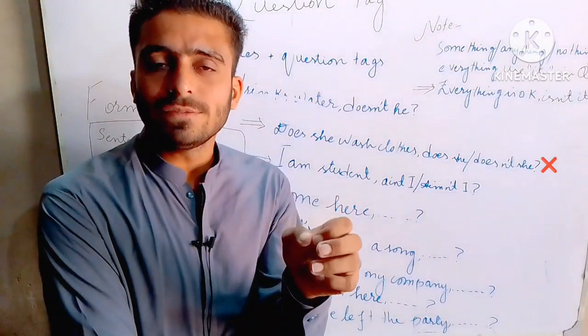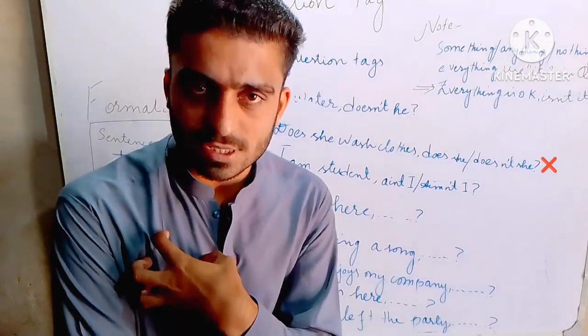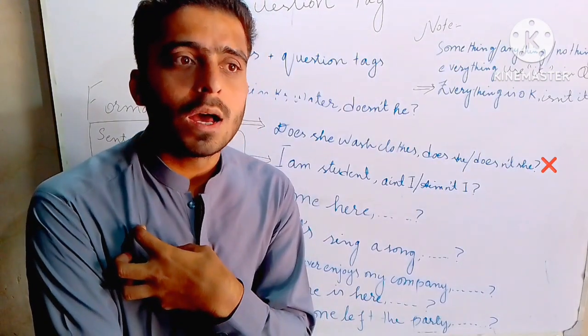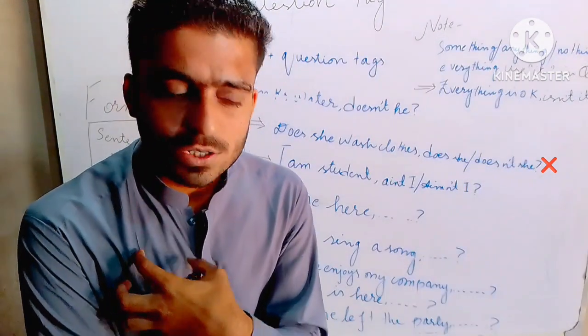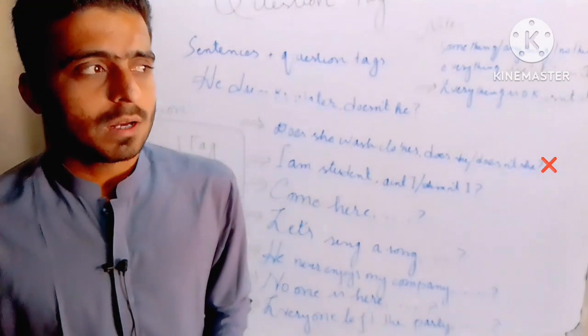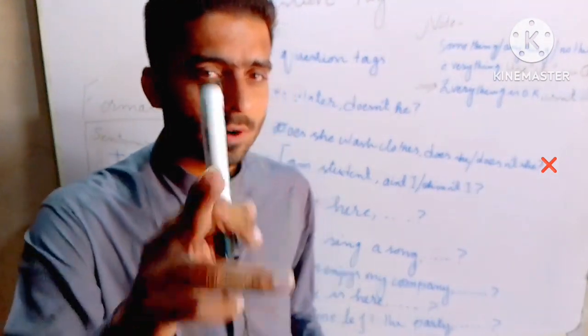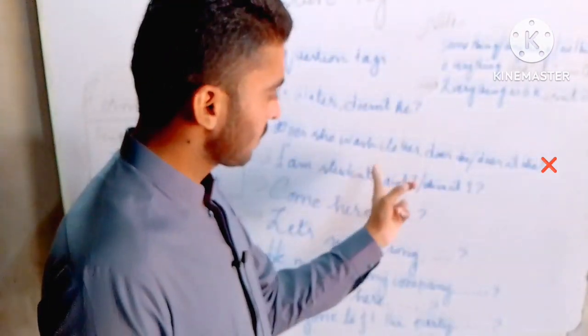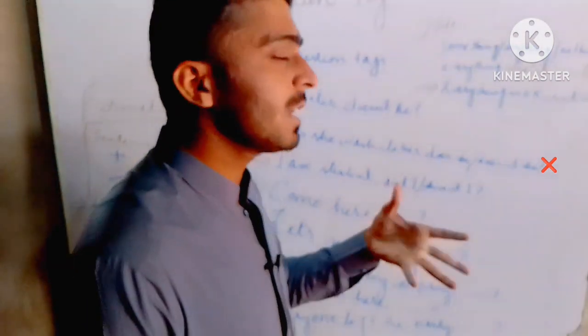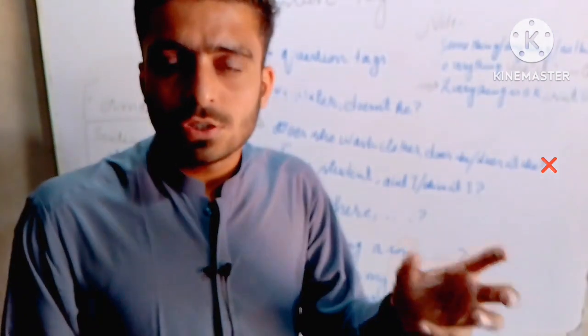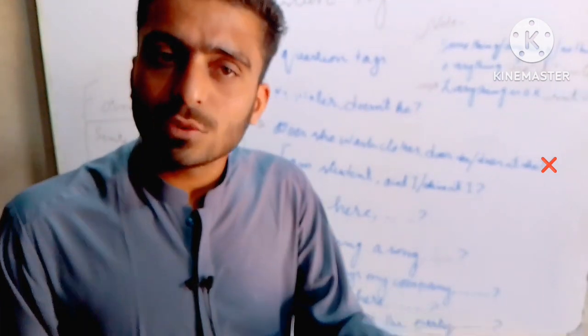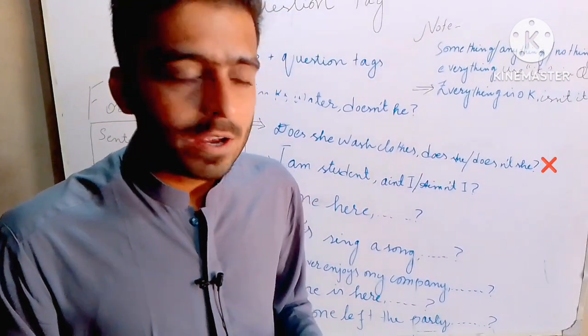For example, I introduce myself: I am Siddharth Sanavaj. Amn't I? Or aren't I? If I ask you which one is correct, you are going to answer amn't I. But amn't is not correct. The contraction for am not is ain't.